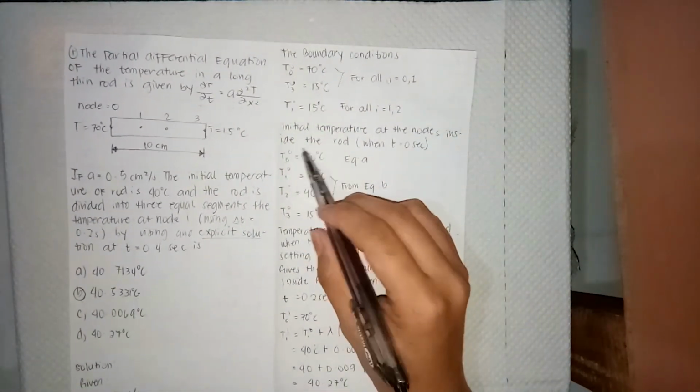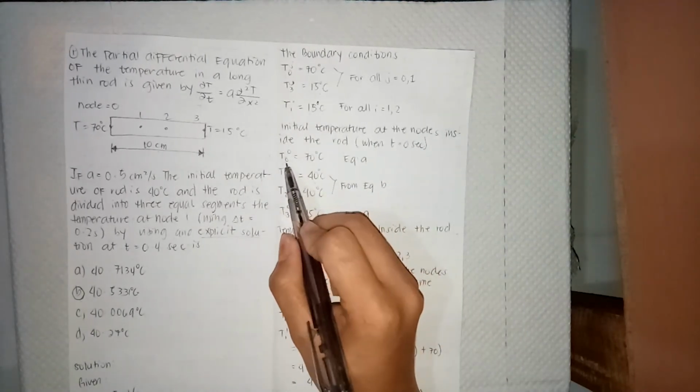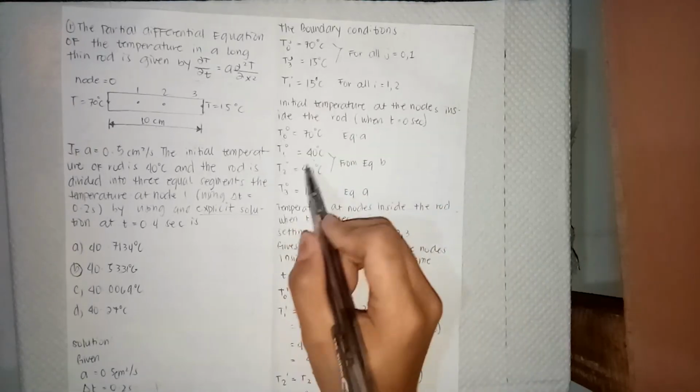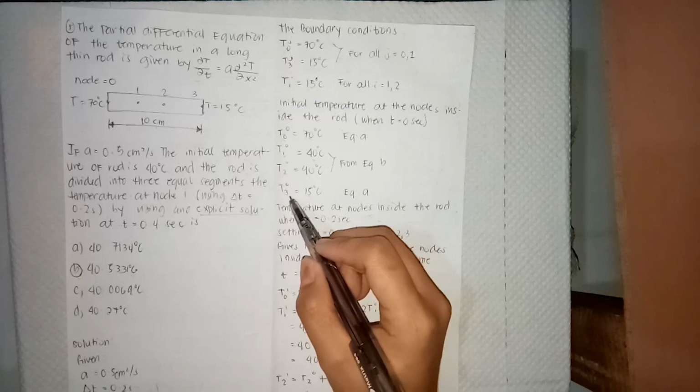So now the initial temperature at nodes inside the rod when t is 0: the temperature at node 0 is 70, the temperature at node 1 is 40, the temperature at node 2 is 40, and the temperature at node 3 is 15.